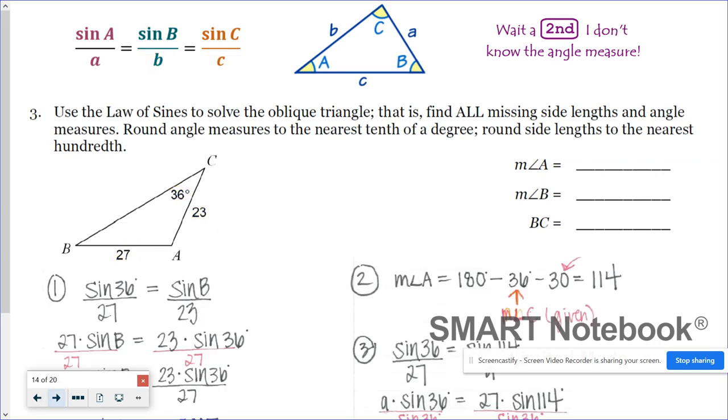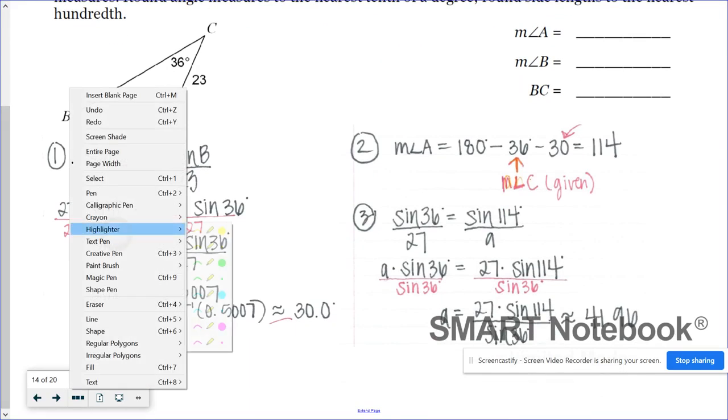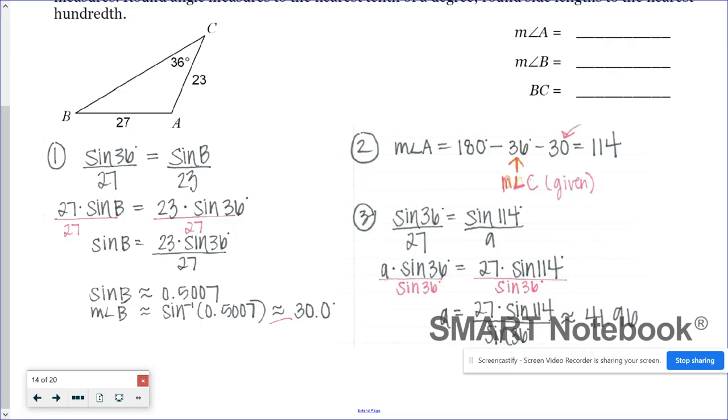I've already done this work, so let's just see where we are now. After writing that initial equation, we can cross multiply: 27 sine of angle B and 23 sine of 36. I need to get sine of angle B by itself, so I divide.